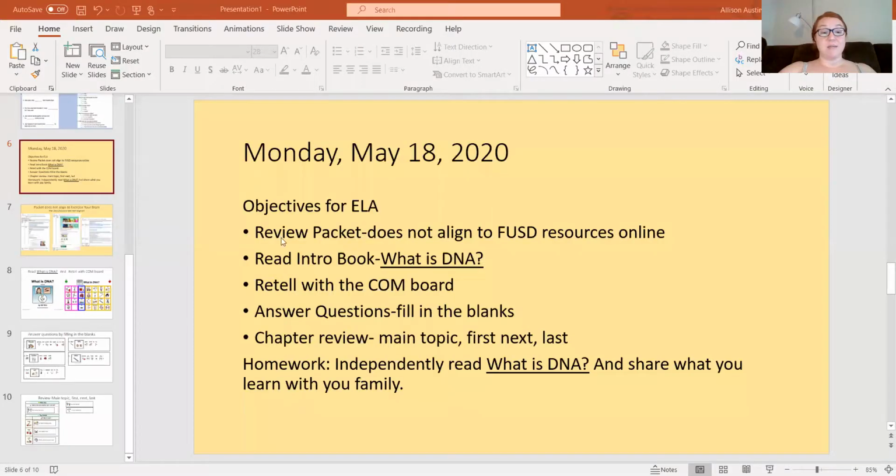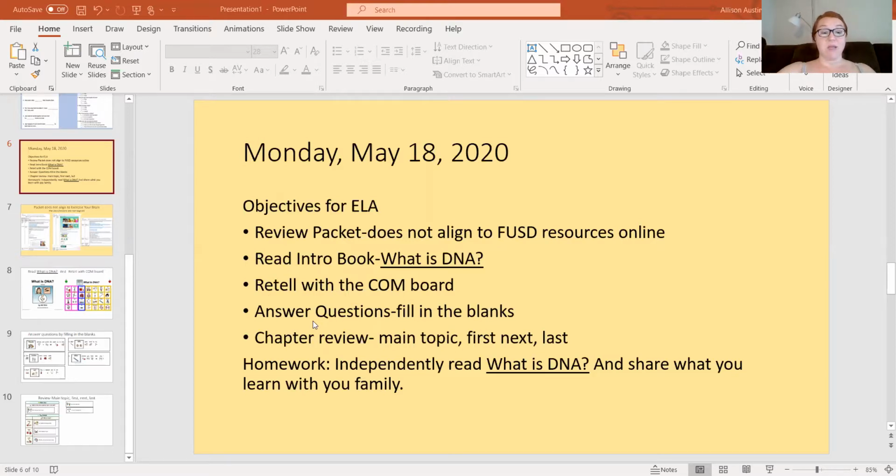Today, our objectives are going to be to review the packet, which I picked up Friday. Then we are going to read the first book in there, which is called What is DNA? Then we are going to retell that story using the COM board, and we are going to answer questions. You're going to pause the video, answer them at your own time, come back to the video, and we'll do a review.